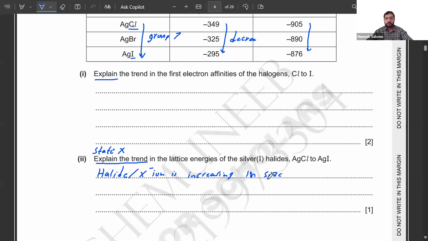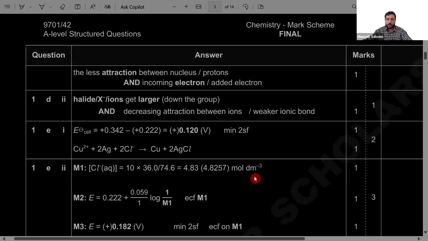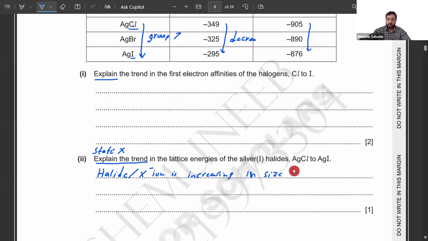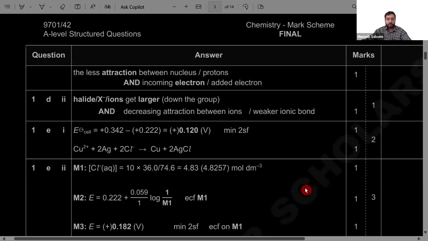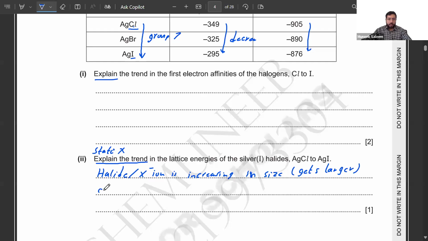When the size of the halide ion increases, or it gets larger, both mean the same thing, there is a decreased attraction between the ions.